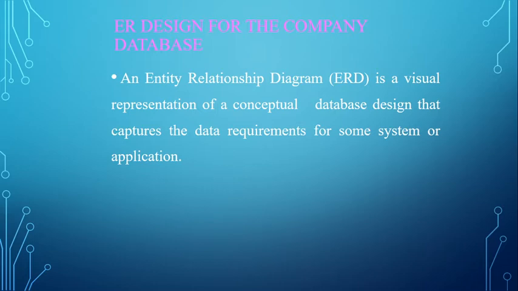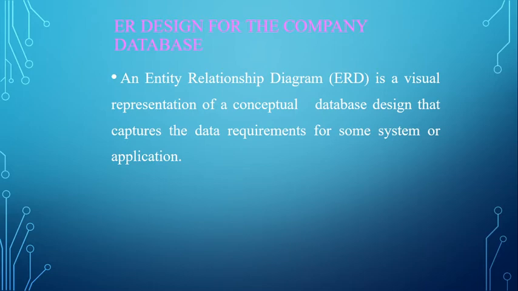An ER model is a design or a blueprint of a database that can later be implemented as a database. The main components of the ER model are entity set and relationship set.